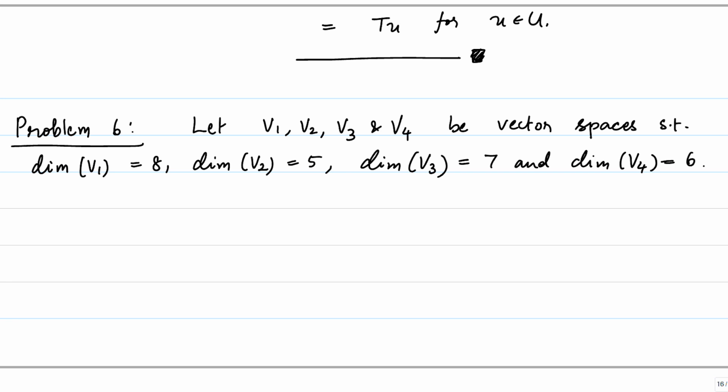Now let's consider linear transformations. So let T1 from V1 to V2, T2 from V2 to V3 and T3 from V3 to V4 be linear transformations.